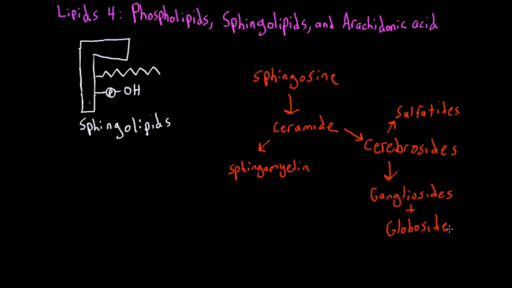And like I was saying, if we have a problem with our metabolism somewhere in the chain, we'll end up with a buildup of one of these products. So for instance, if we have a buildup of a ganglioside, that is, we're unable to metabolize gangliosides, we end up with a disease known as Tay-Sachs.